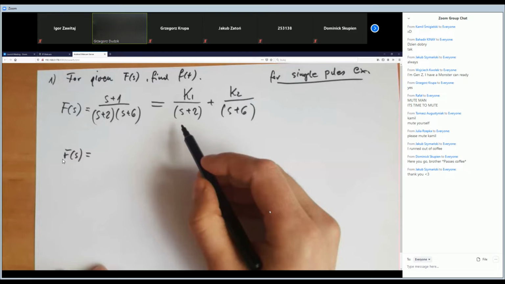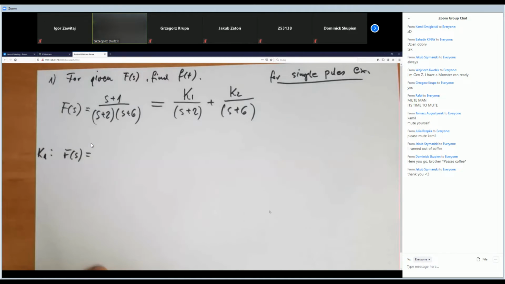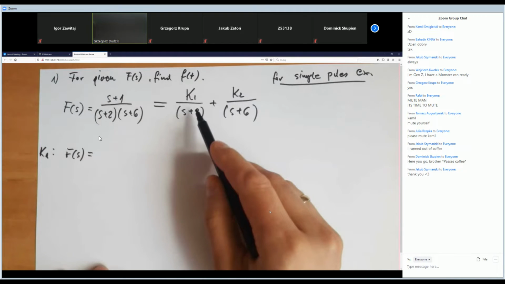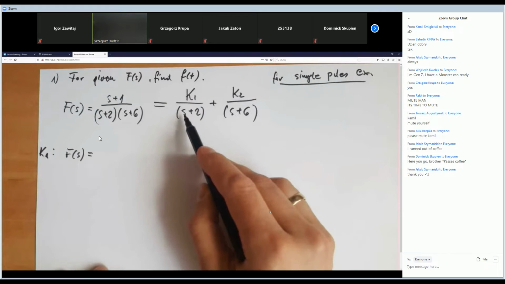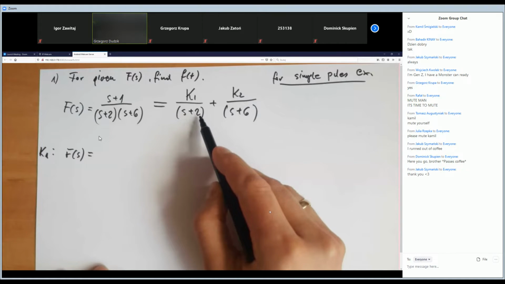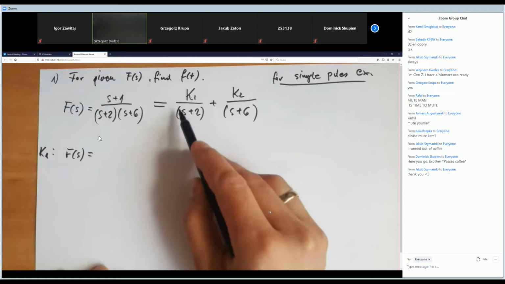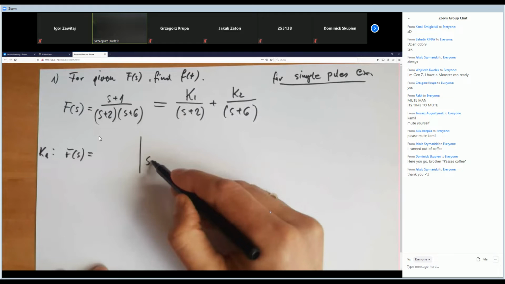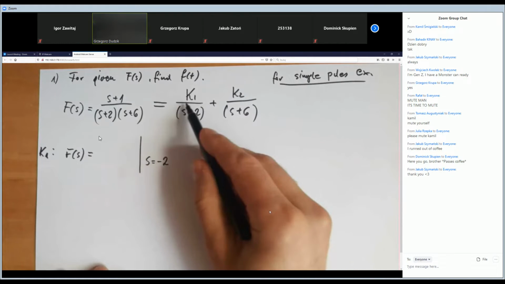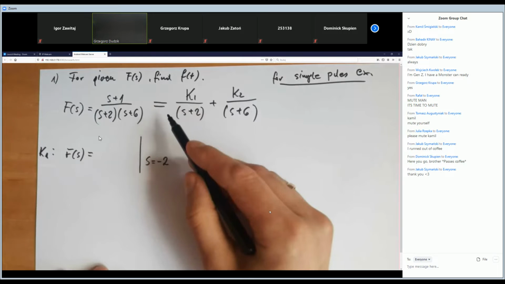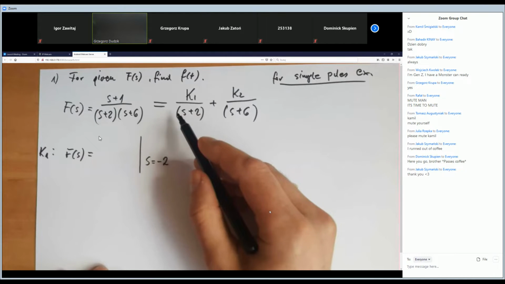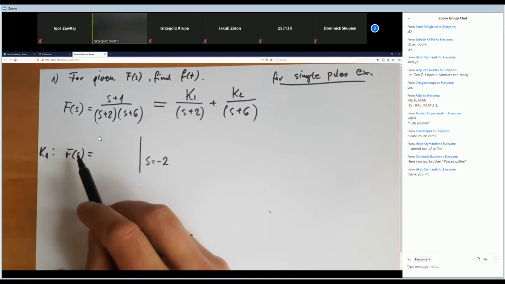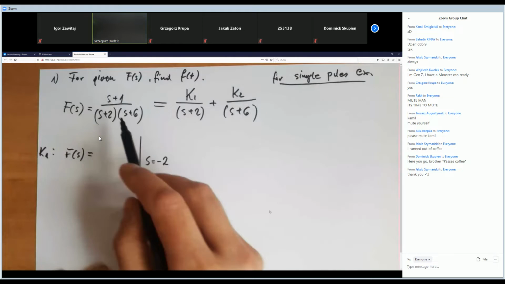Let's calculate k1. For k1, the component connected with k1 is s plus 2. The root of this component is minus 2, so for s equal minus 2, this component is 0. So what we have to do here: our F(s) function equals this function without this component.